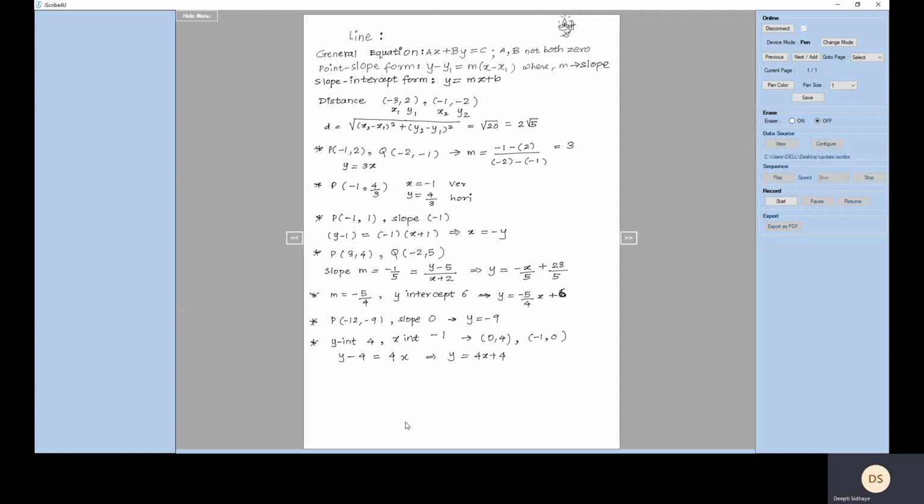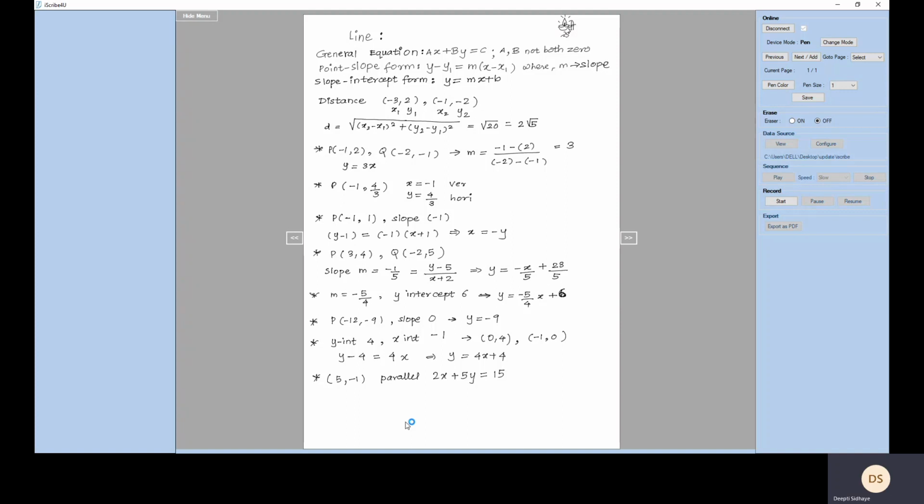Imagine another situation where you have been given that the line passes through the point (5, -1) and is parallel to the line 2x plus 5y is equal to 15. Now we know that if there are two parallel lines, the slopes are going to be equal.